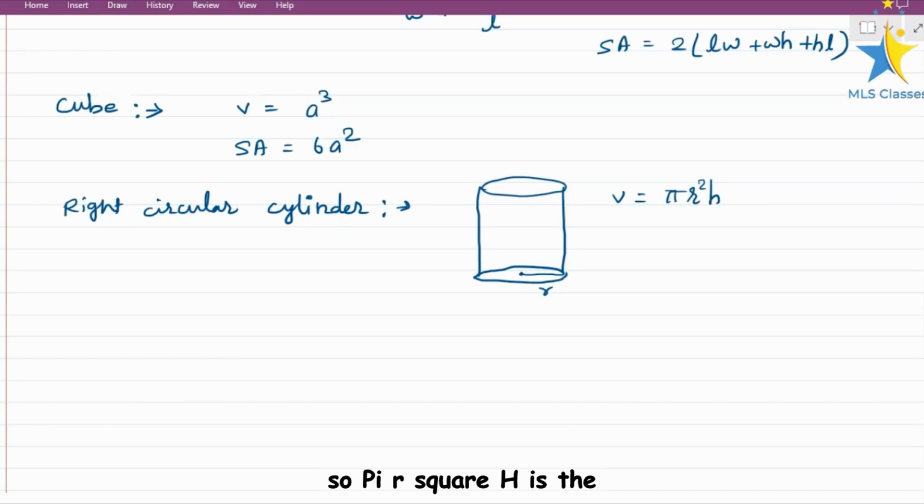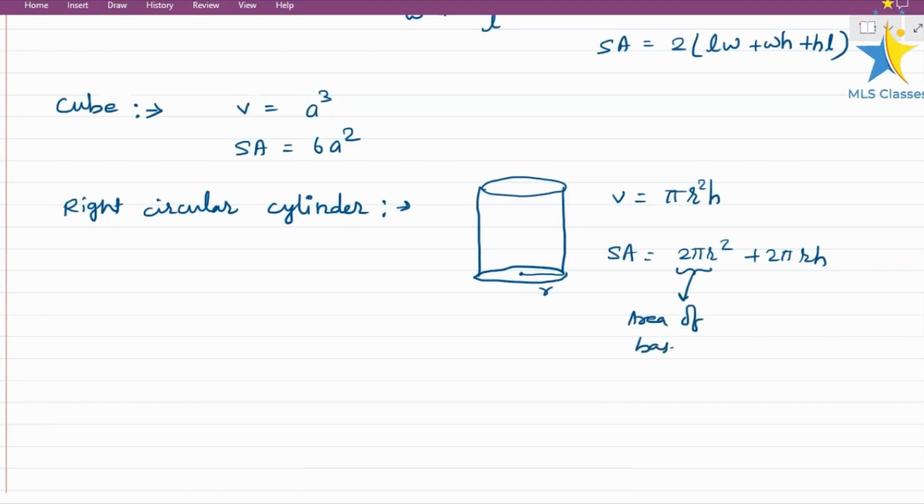So pi r square h is the volume. If we talk about surface area, then that will be equal to 2 pi r square, the area of the two circular bases, plus 2 pi r h, that is the lateral area. So we can say here, this is the area of bases and this is the lateral area.